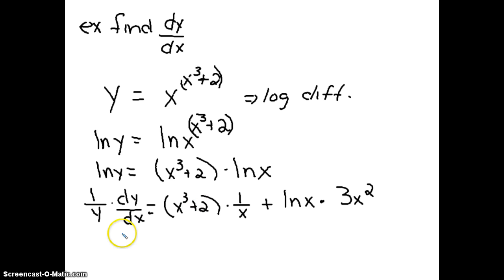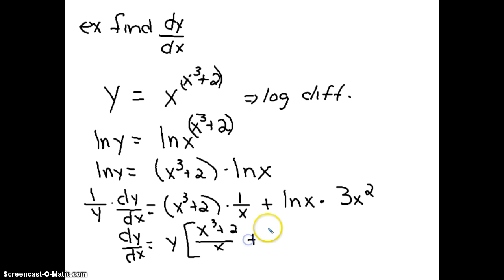And then I'd have to multiply by y, so the derivative will be y times (x cubed plus 2 over x plus ln x times 3x squared).